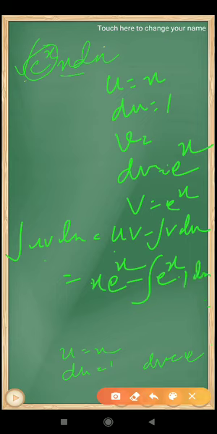So x into e to the power x minus, this is only the integration of e to the power x into dx. What is the integration of e to the power x? Integration of e to the power x is only e to the power x.